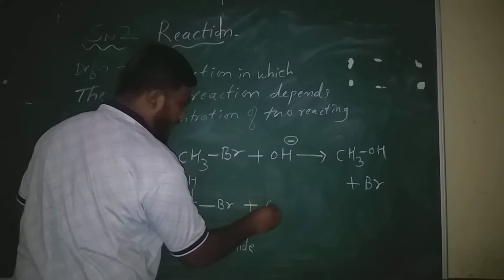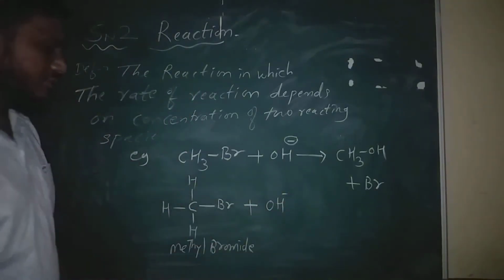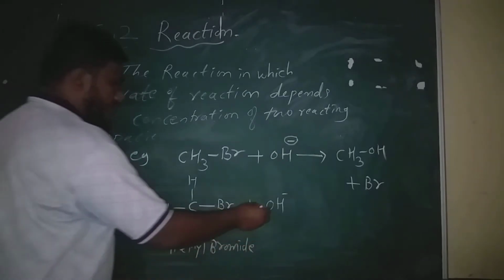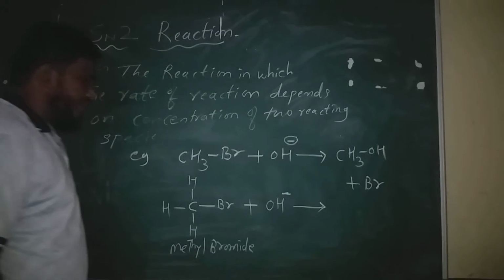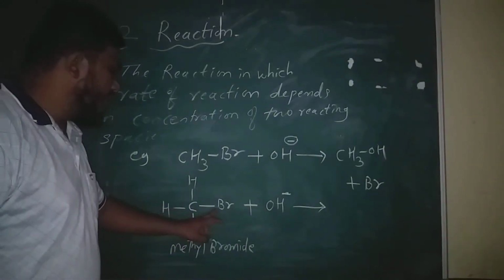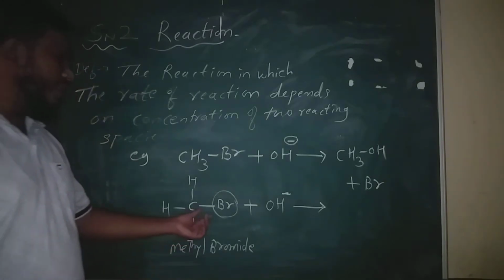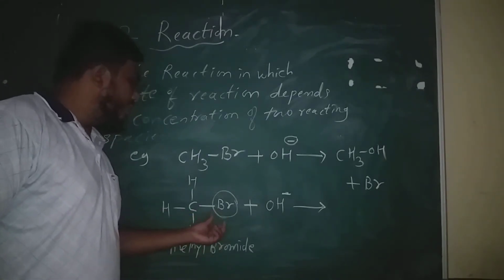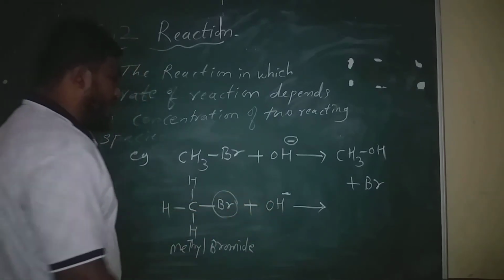Plus we are going to add hydroxyl ion in it, that is the nucleophile. When it attaches, it will replace this Br. Now this group will leave the compound, and instead of that OH will come and attach.